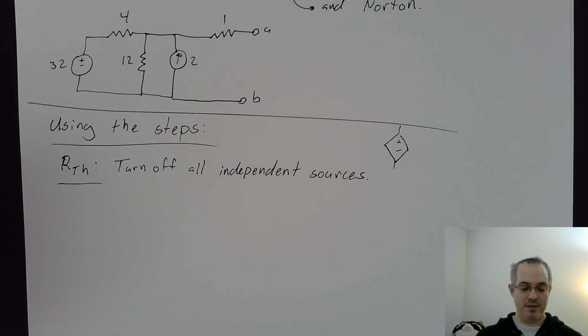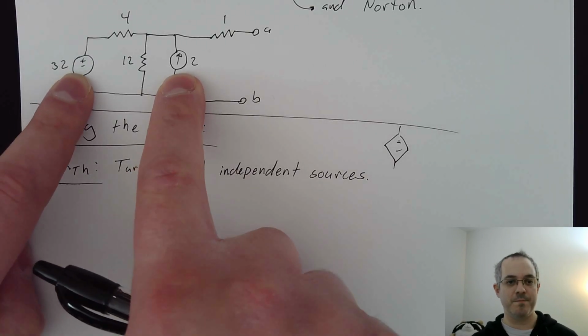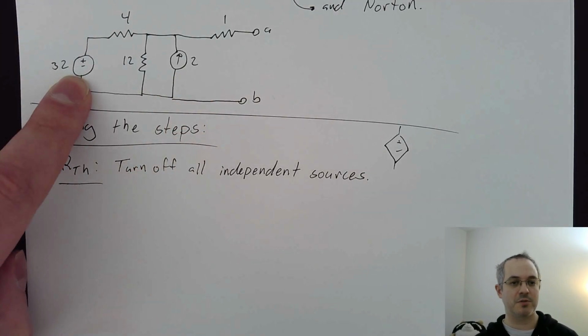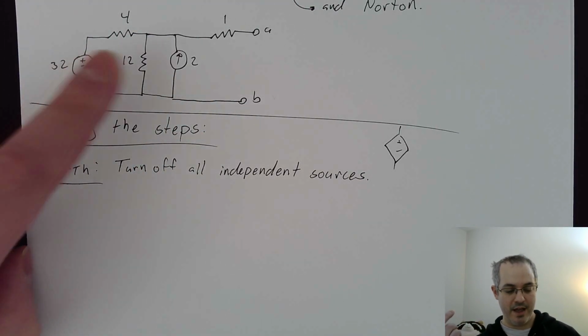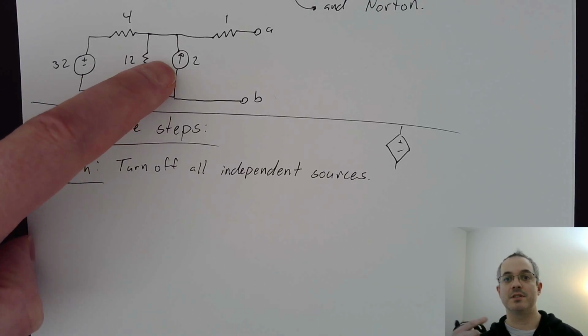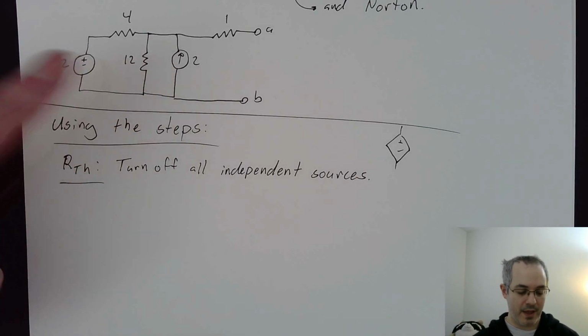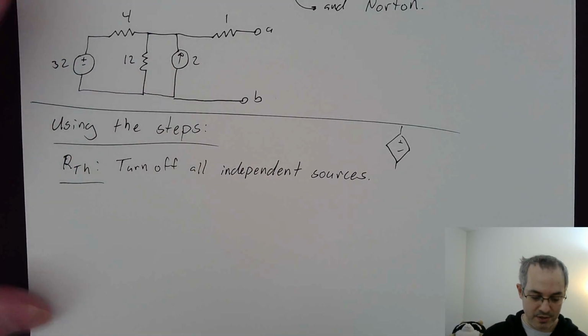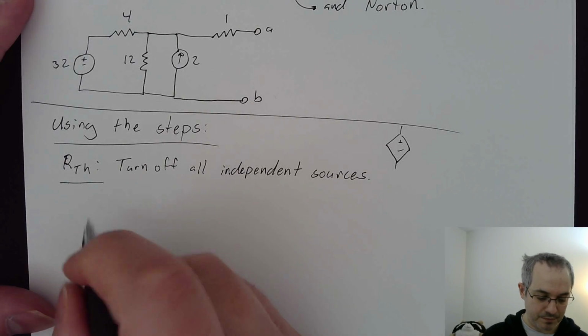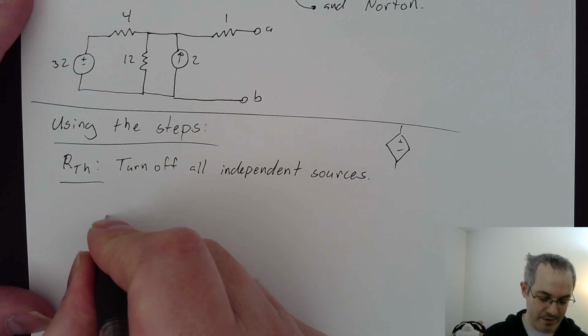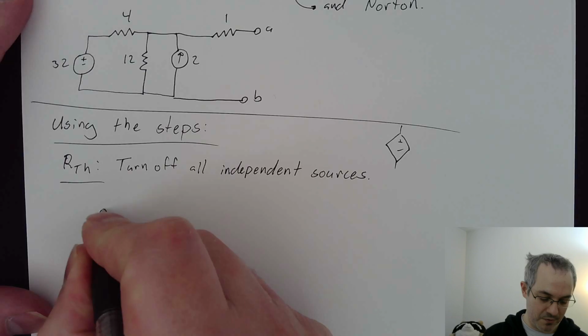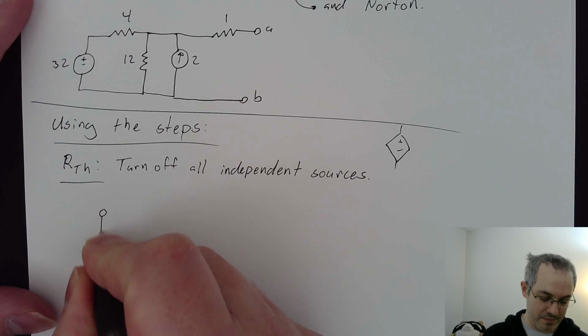When you turn these two guys off here, we have two of them. When you turn those off, you're saying the voltage source is now 0 volts, and you're saying the current source is now 0 amps. The only way, and we showed this just sort of briefly, the only way you can make the voltage source have 0 volts is to have it become a wire.